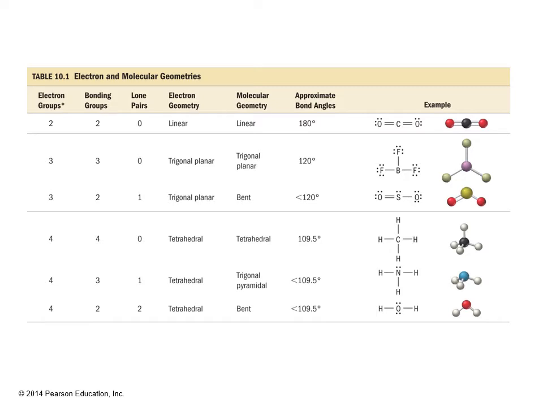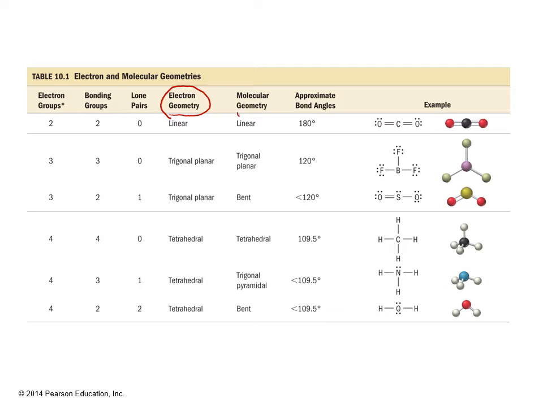If we look at our electron and molecular geometries, these are two different classifications. So the electron geometry is considering all of the electron groups around the atom. So we see, and I say C in parentheses, the lone pairs as a point on our shape.